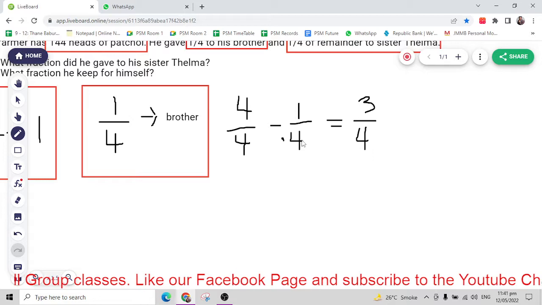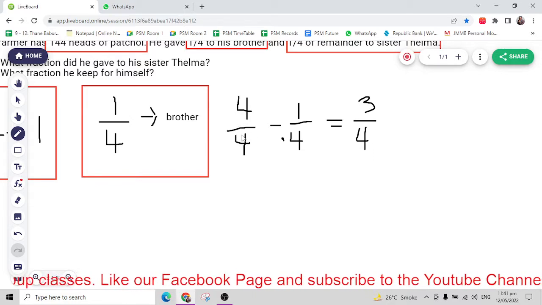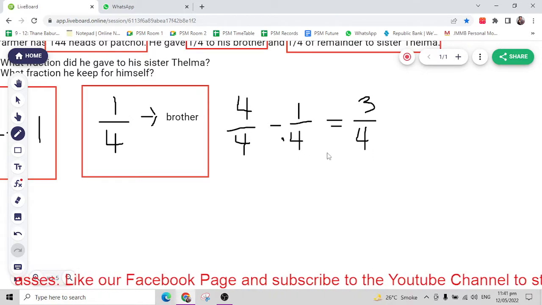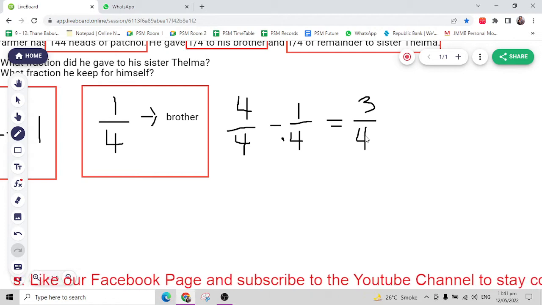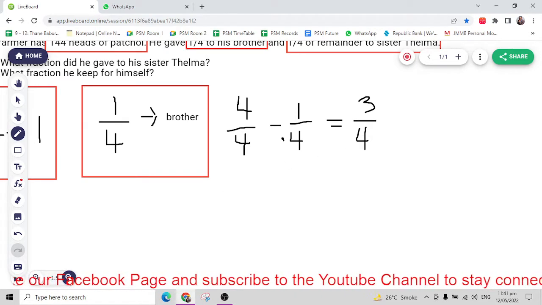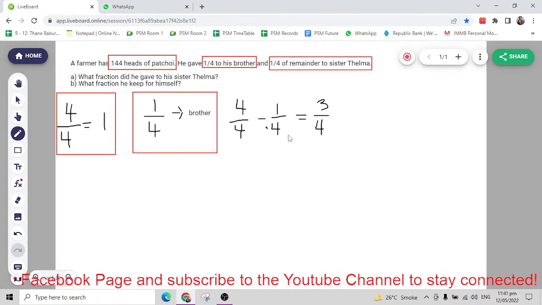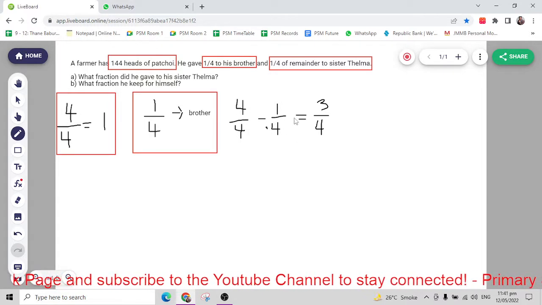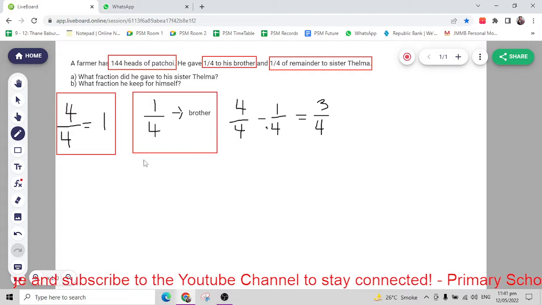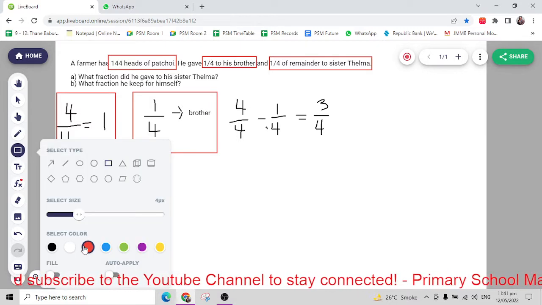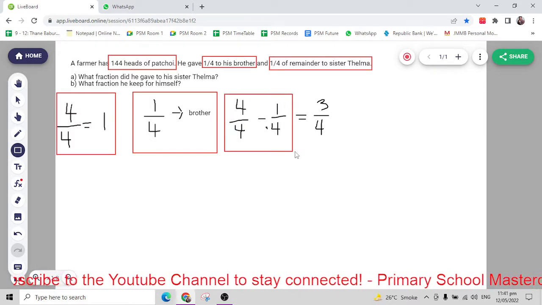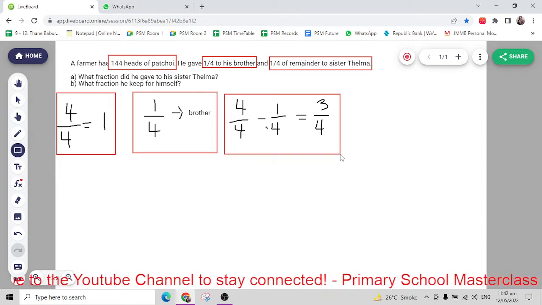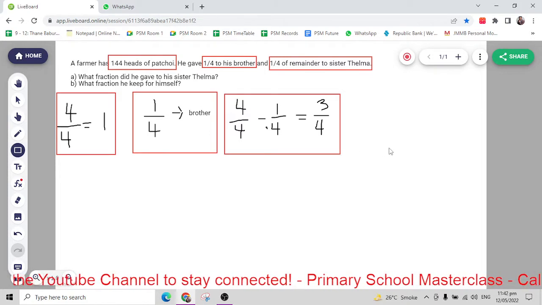Because we were talking about that in class actually. So 4 over 4 minus 1 over 4, we are actually going to write the same denominator. We did that in the group class this week. So 4 over 4 minus 1 quarter is going to leave me with 3 over 4. Awesome. 4 over 4 minus 1 quarter is 3 over 4.